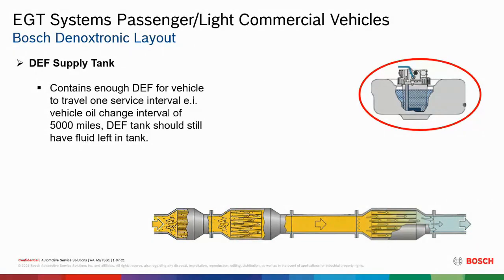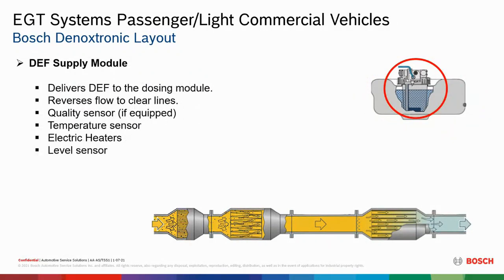So it took a special tool in order to do that. Some aftermarket tools made this accordion style bottle to push it in there and pressurize it. Probably works for a bit, but nevertheless, filling these up can be a hassle, but we have to put tanks somewhere. And the real estate left over in passenger cars especially is very, very tough. So that's the supply tank's job, is to keep that supply there.